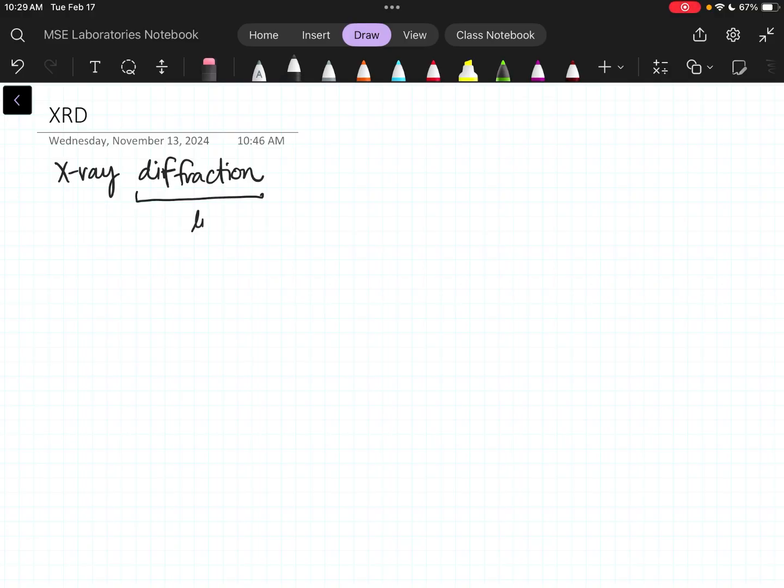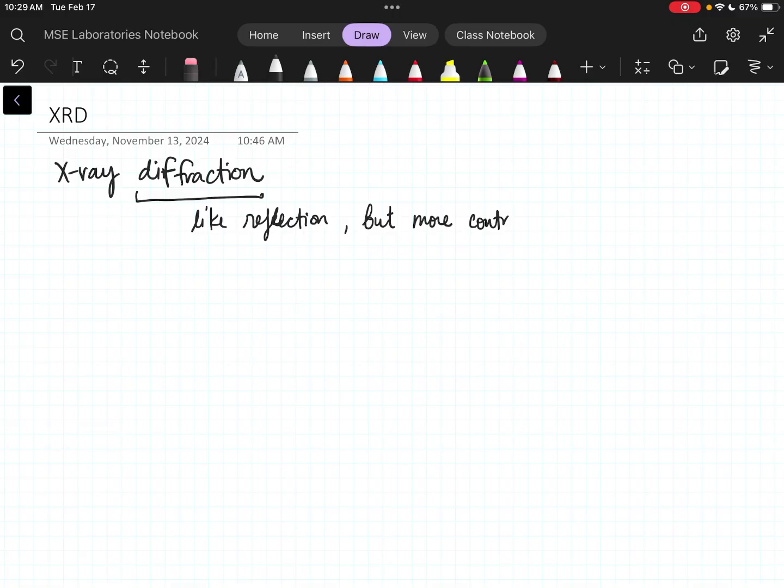Reflection can be any of those. It's like reflection, but more predictable.